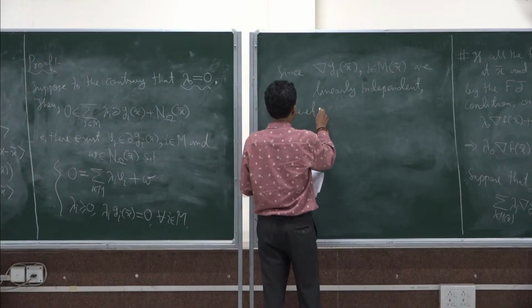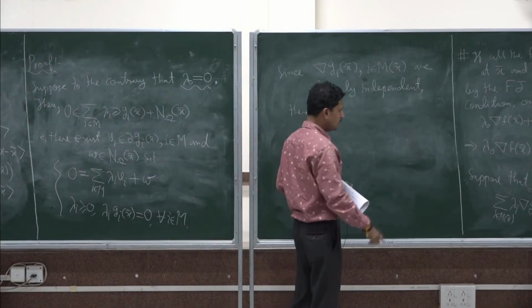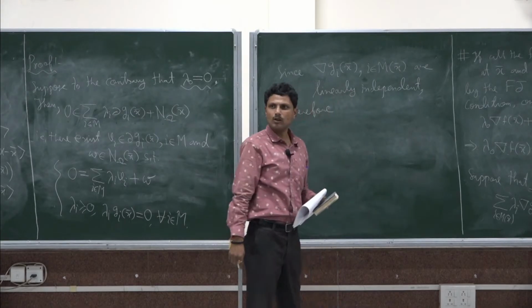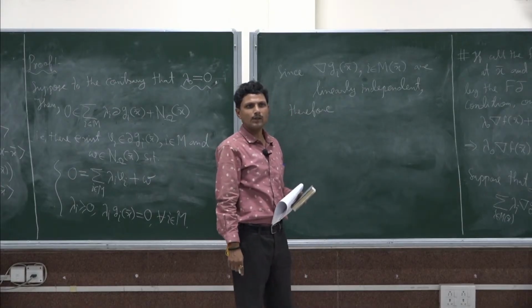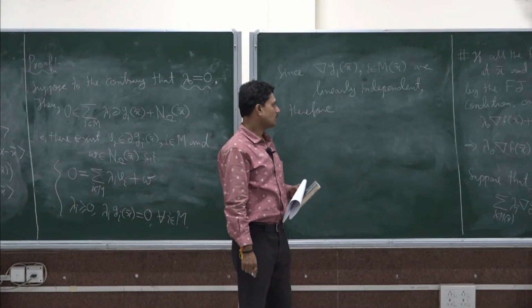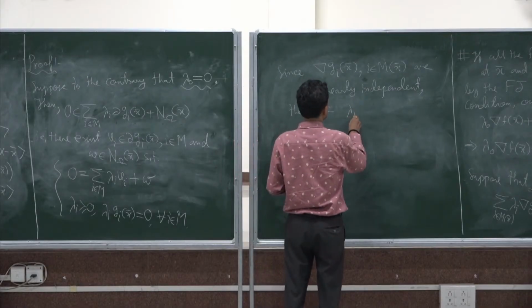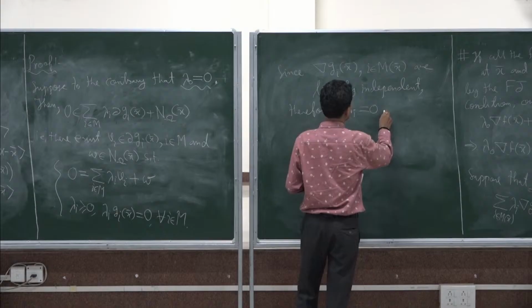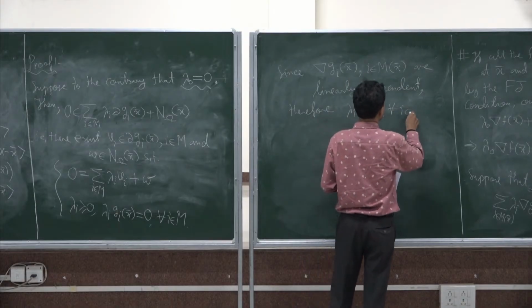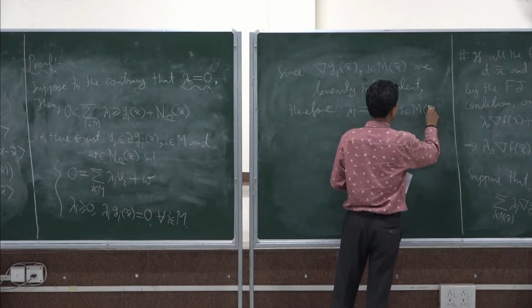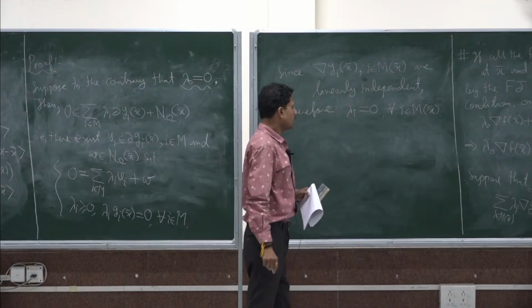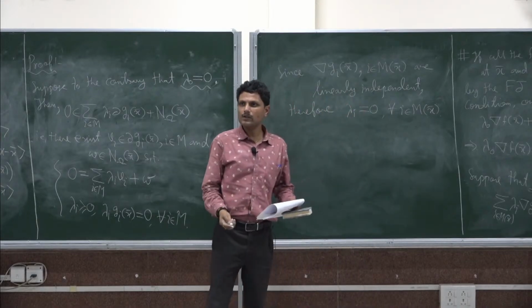Therefore, if this is equal to 0 and all these gradients are linearly independent, what will happen? The multipliers will be equal to 0. Therefore, this lambda i will be equal to 0 for every i in M of x bar. But now it is a contradiction, right?